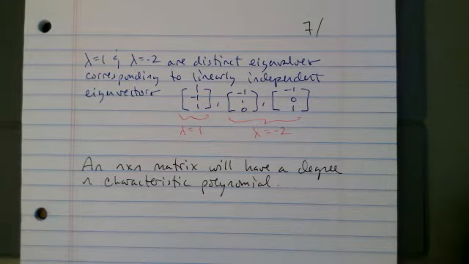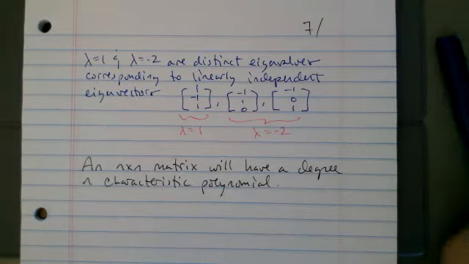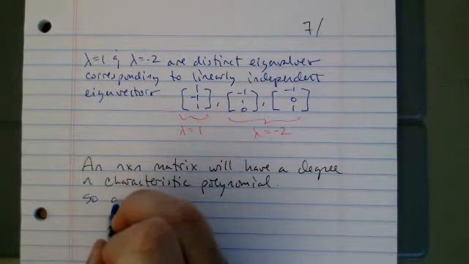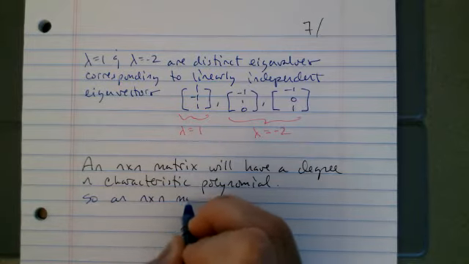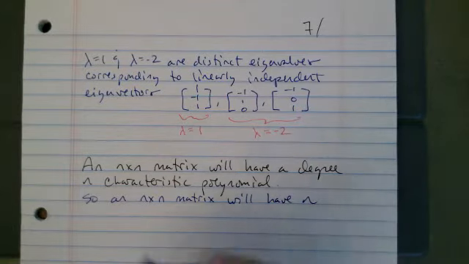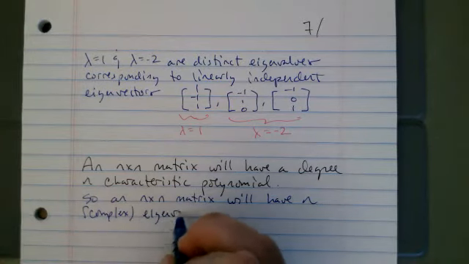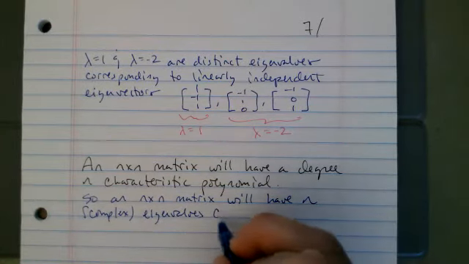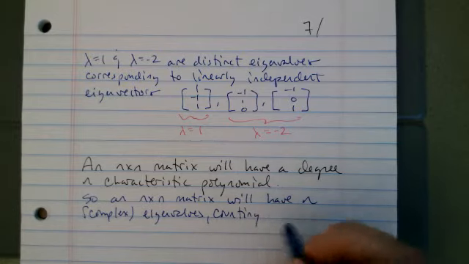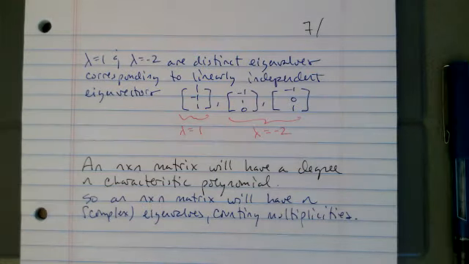So an n by n matrix will have n complex eigenvalues counting multiplicities.